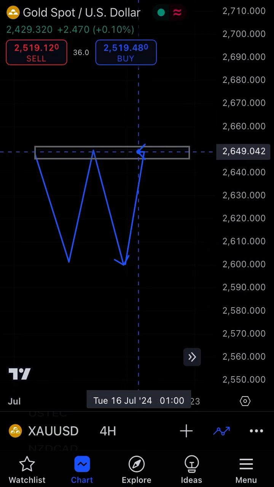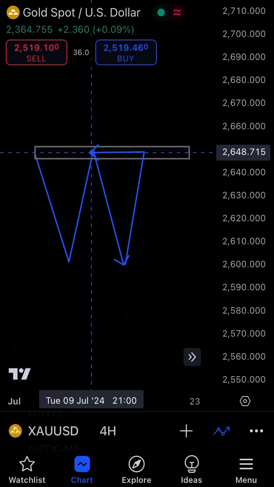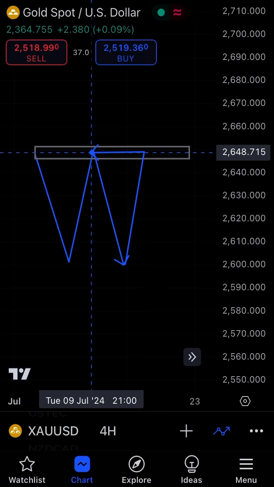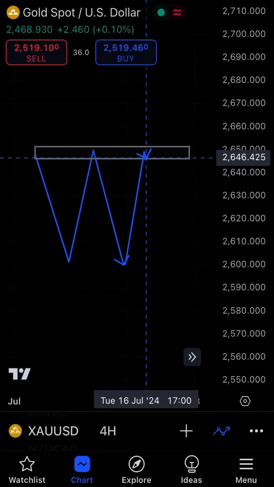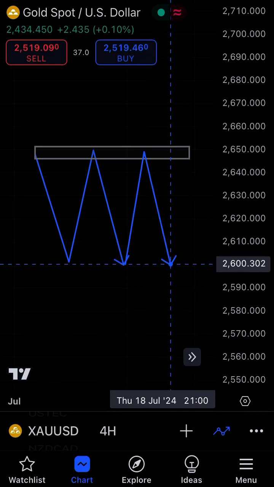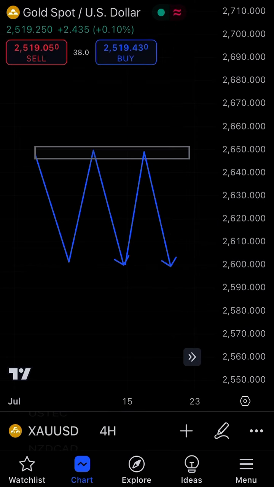Okay, at this level here where the market previously sold from, we'll check for reaction and then we'll enter our trades and expect it to drop again. Okay, do you guys understand?